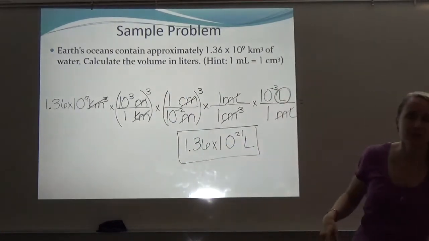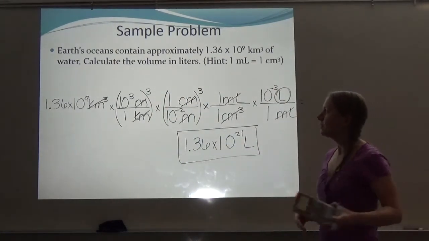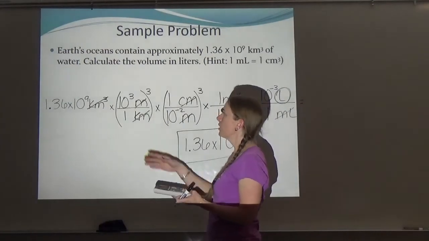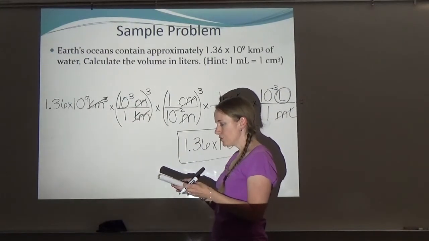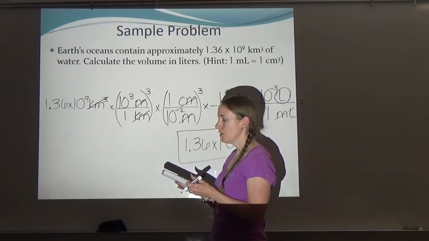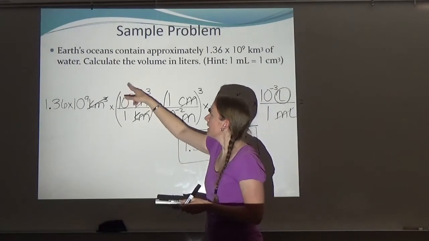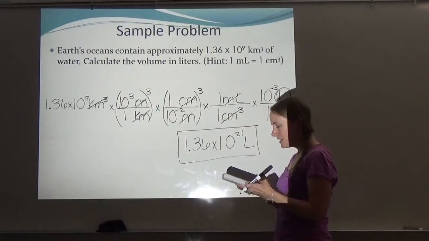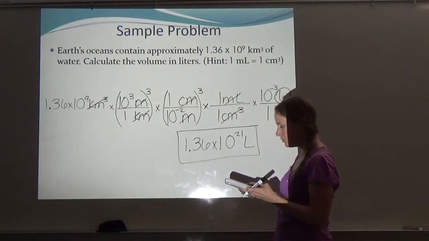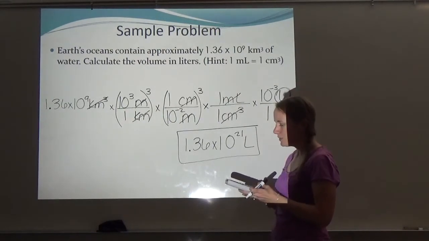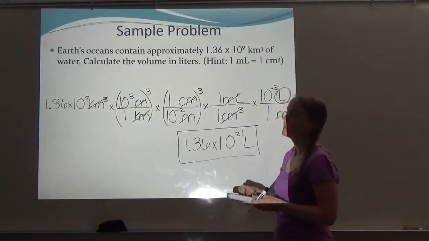One thing you could do, if you're not sure, is to say, okay, I have 10 to the 3 to the 3. What does that equal? And then you can plug that in right here. Or I have 10 raised to the -2 and cube that. What does that equal? And I can plug that in down here.